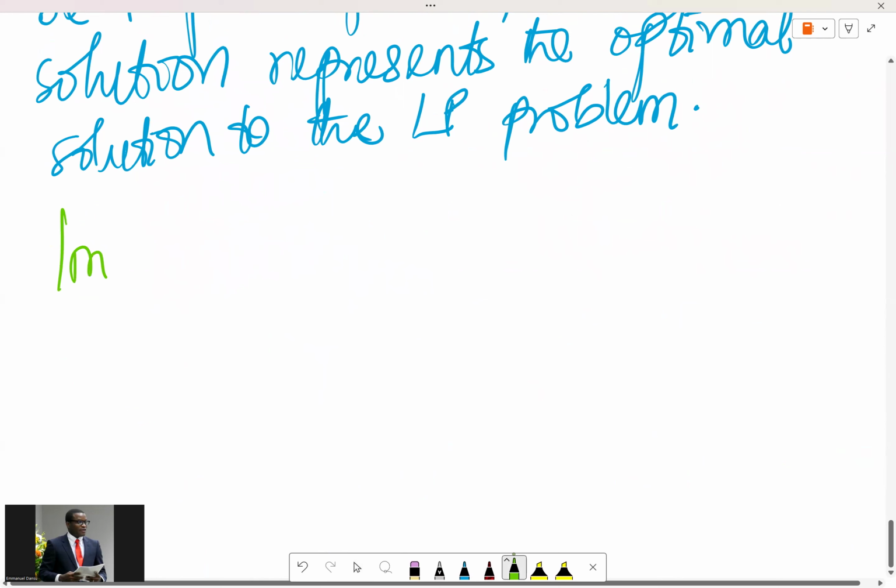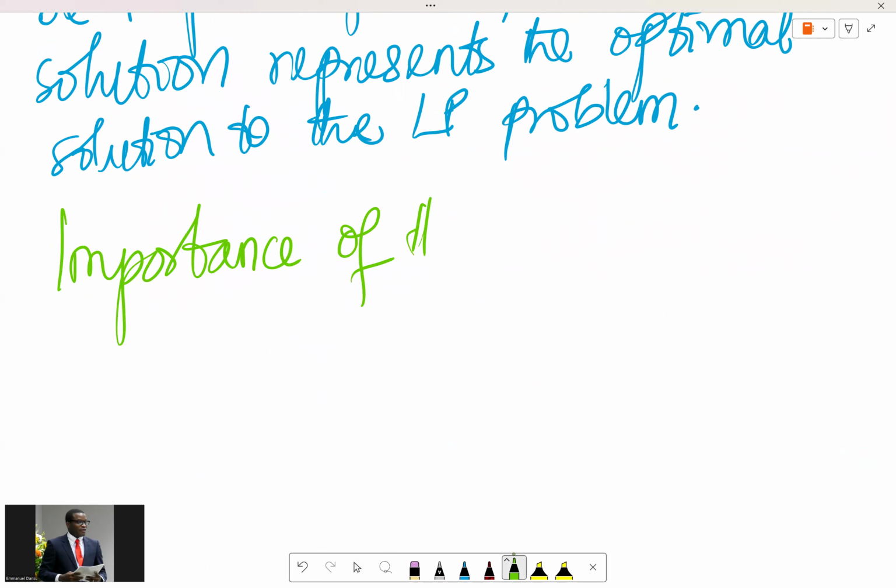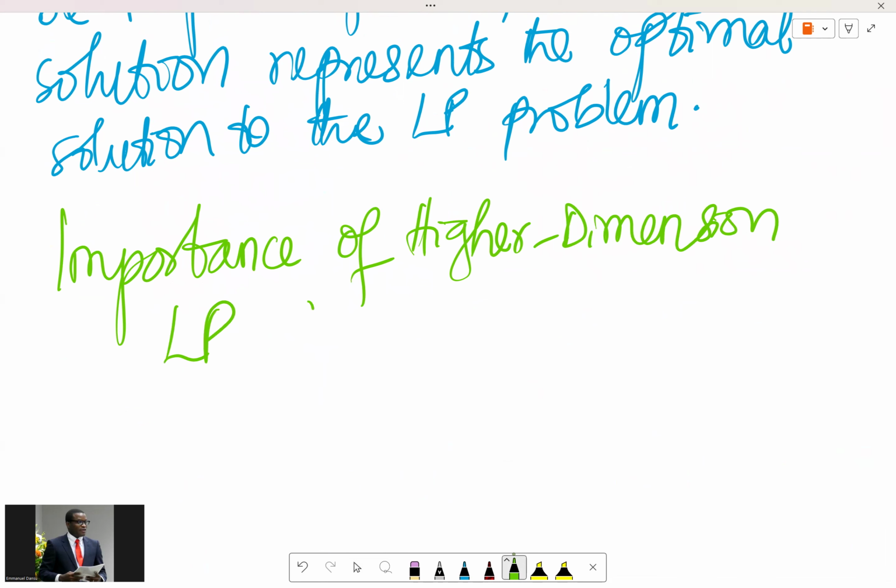So let's look at the importance of higher dimension linear programming problems.